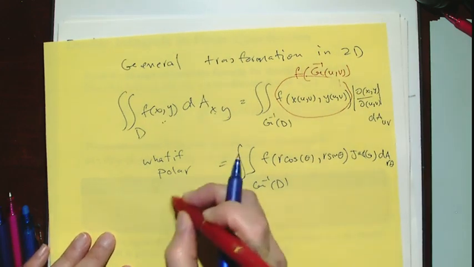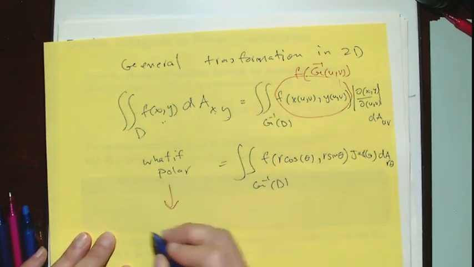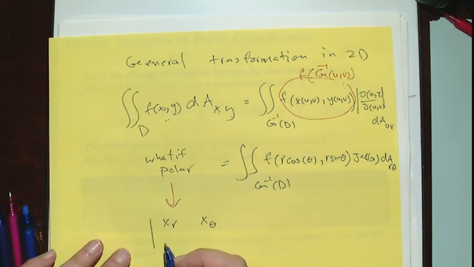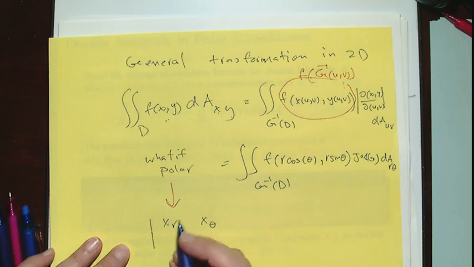Right? What is that Jacobian in this case? For polar, I can compute it very quickly. x sub r, x sub theta. You guys did this for spherical and cylindrical in lab, right?